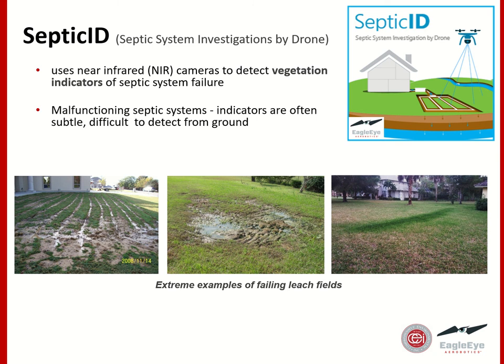As shown in the photos here, indicators of extreme failure include dead or stressed vegetation, overproductive vegetation, high soil moisture, and direct effluent or septic effluent surface outbreak. In most cases, these indicators of failure are very subtle and are difficult to detect from the ground. Septic ID provides a new tool using near-infrared drone images to help identify failing septic systems that may otherwise go undetected.